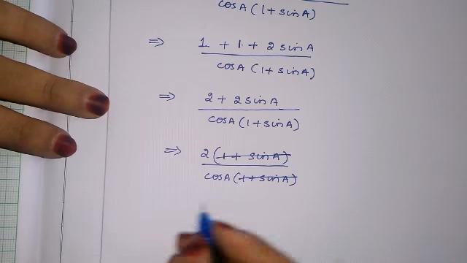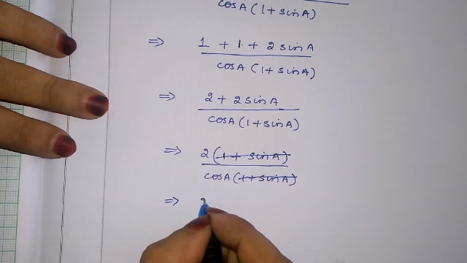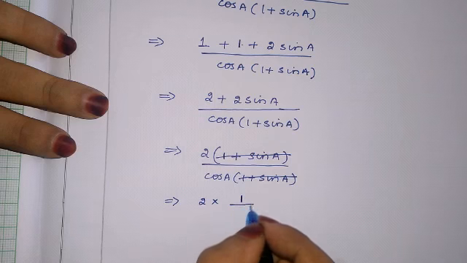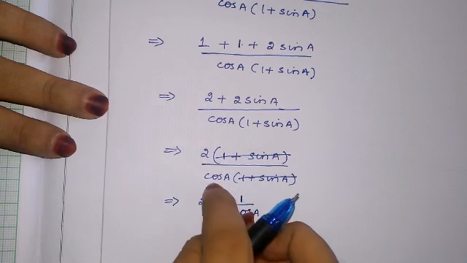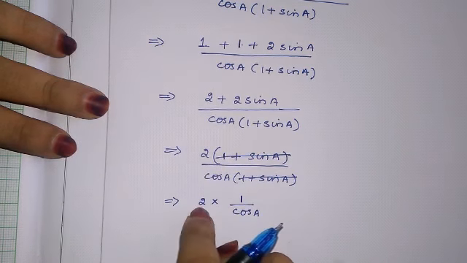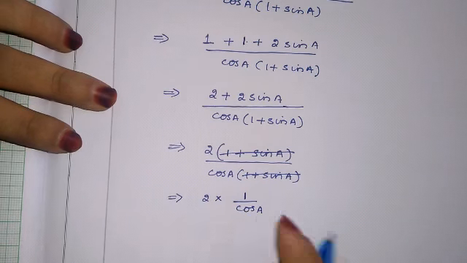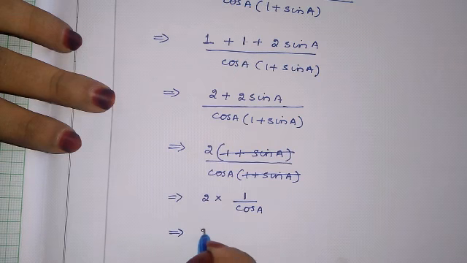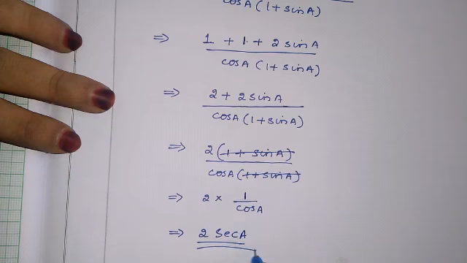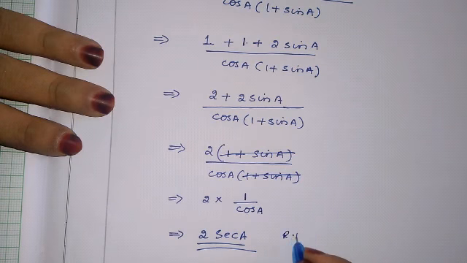So what is left out now? 2 into 1 by cos A left. 2 outside only, 1 by cos A. 1 by cos A is nothing but sec A. Reciprocal ratio of 1 by cos A is sec A. So we need the answer 2 sec A as RHS, we got.